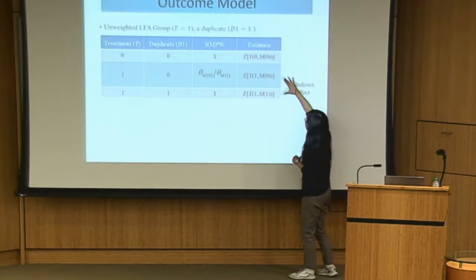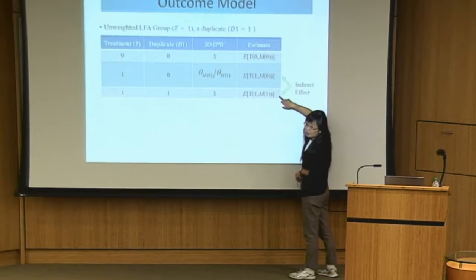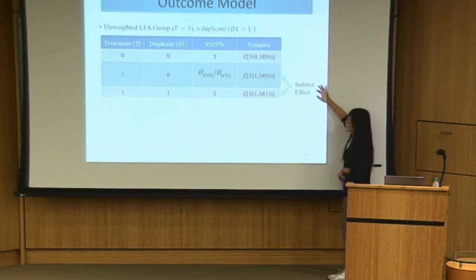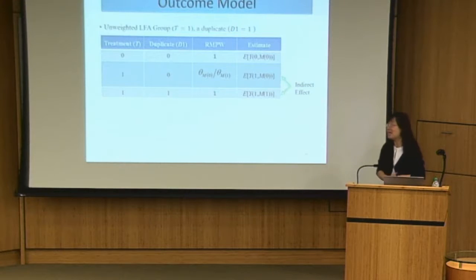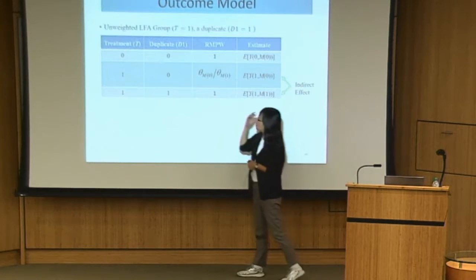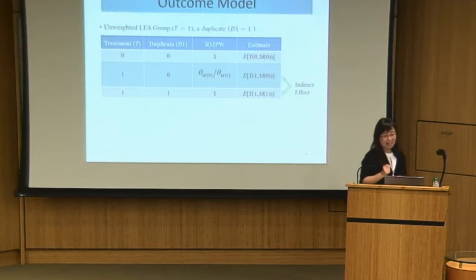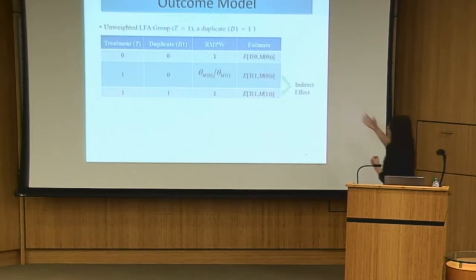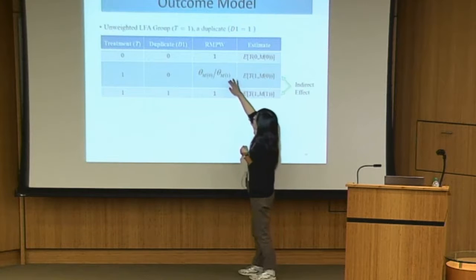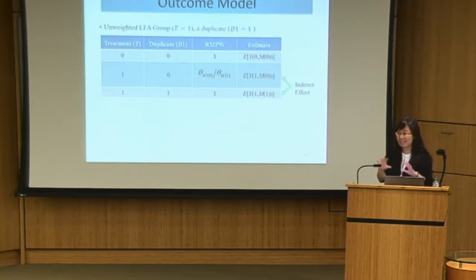And so if you contrast the weighted outcome of the treated group and the unweighted outcome of the treated group, that contrast gives you the indirect effect. That makes sense, right? So the only trick is I'm using the experimental group a second time. One time I didn't weight it, and another time I weighted. The difference between weighted and unweighted gives you the indirect effect. And the difference between the weighted treated group and the control group gives you the direct effect, as we saw earlier. So that's it. And whether you use regression or not, it doesn't matter.